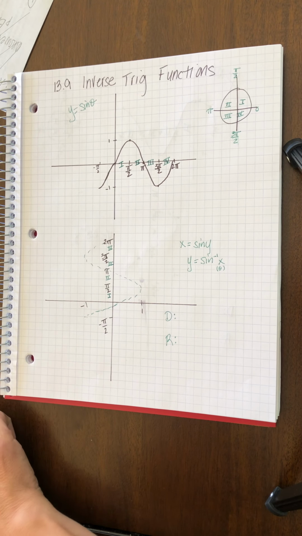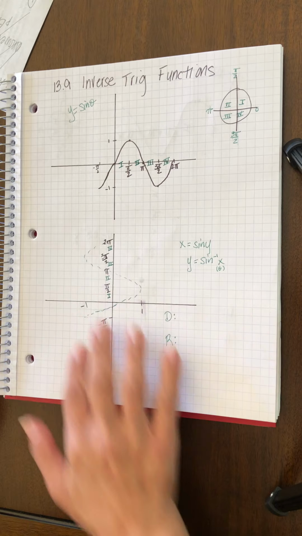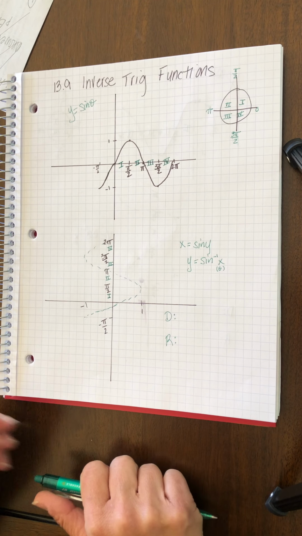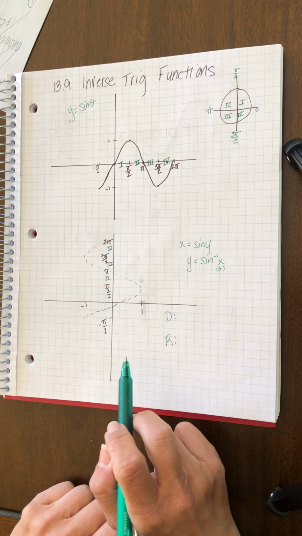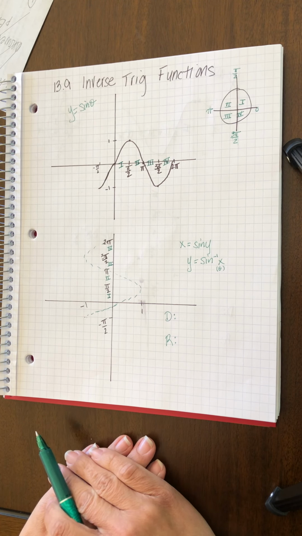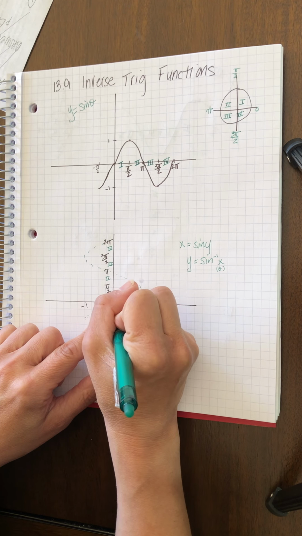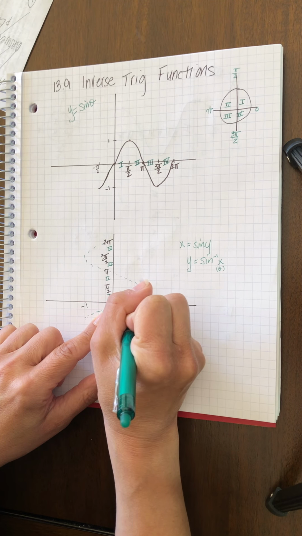Okay, so here's the kicker. There's a major problem with this curve, and that is it fails the vertical line test. This is not a function. I drew dotted lines, and I'm going to draw them more solid.